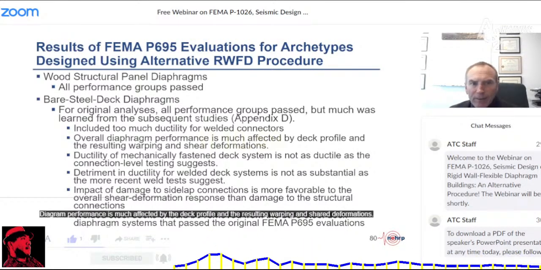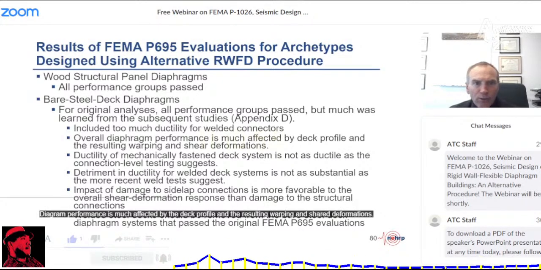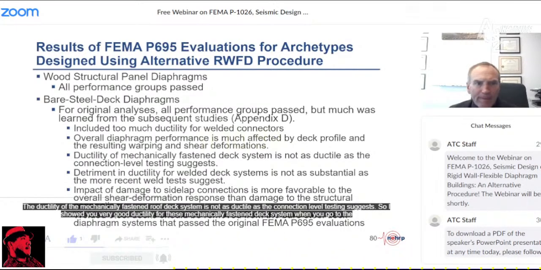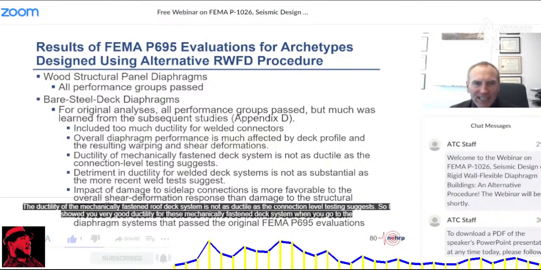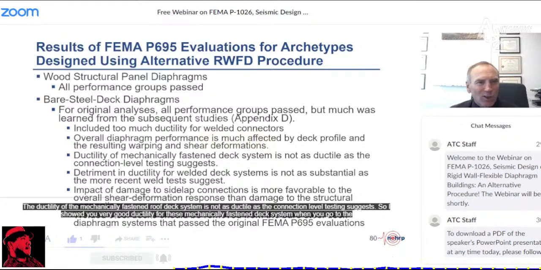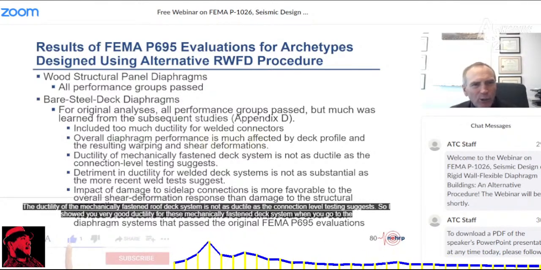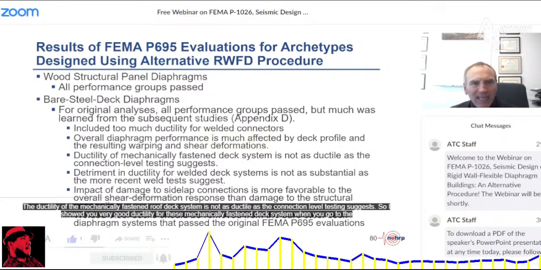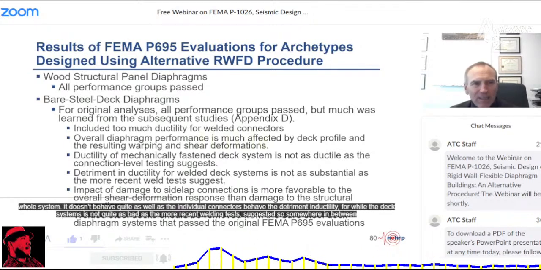Overall diaphragm performance is much affected by the deck profile and the resulting warping and shear deformations. The ductility of the mechanically fastened roof deck system is not as ductile as the connection level testing suggests. I showed you very good ductility for these mechanically fastened deck systems, but when you go to the whole system, it doesn't behave quite as well as the individual connectors.